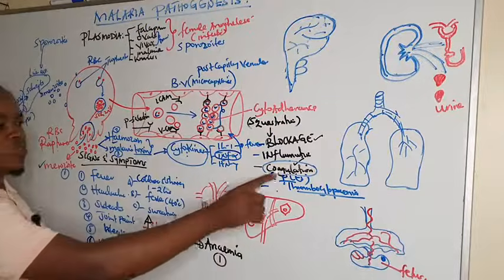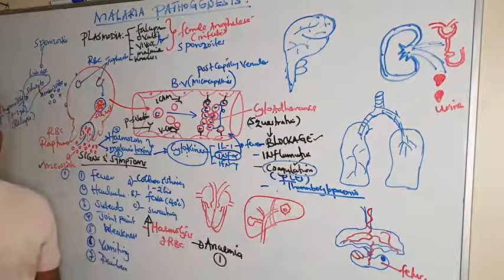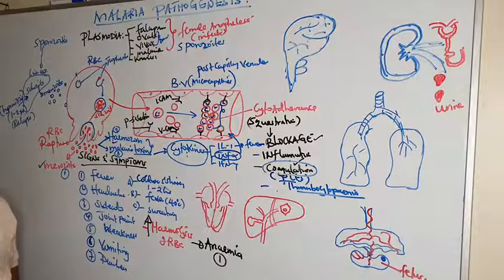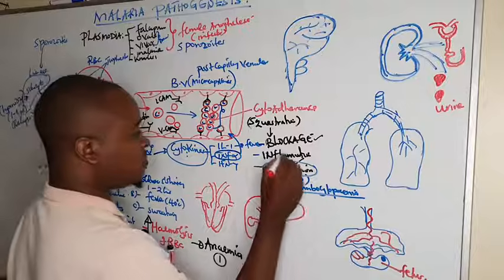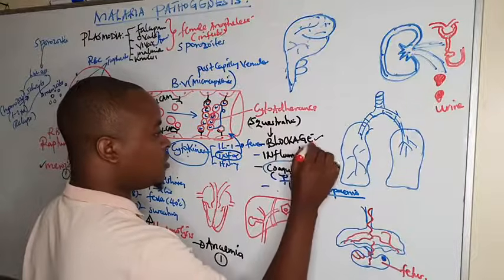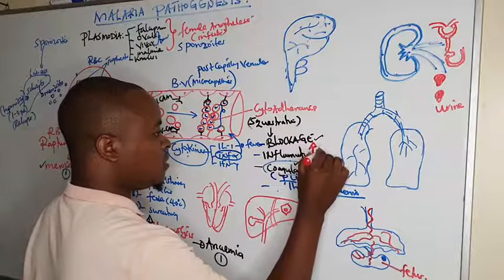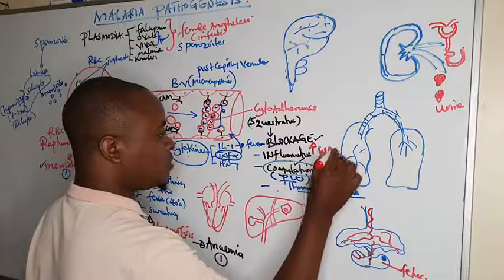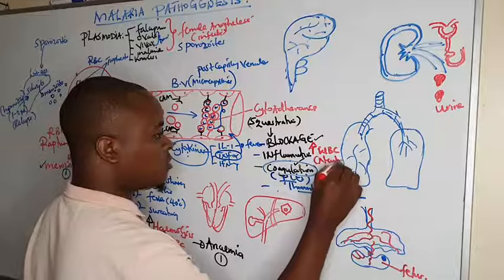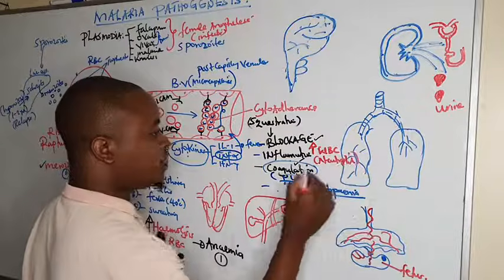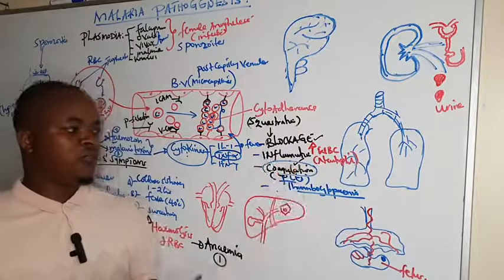So this coagulation has led to thrombocytopenia, and inflammation can lead to leukocytosis. This one can lead to increased white blood cell count, especially the neutrophils, because neutrophils are the ones that are participating majorly in this inflammation.